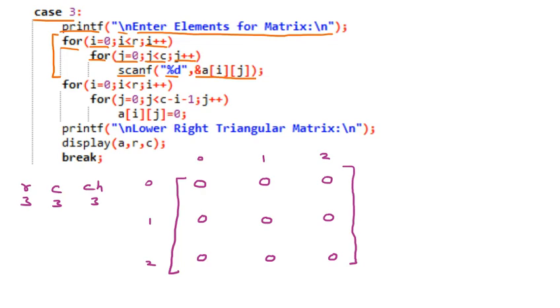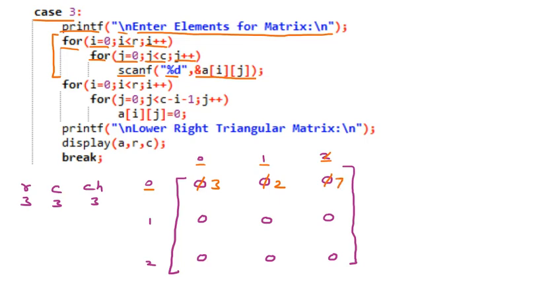By using these two for loops, which we have done many times, from 0 to 3 and from 0 to 3, row wise and column wise we are going to take all the elements. One by one, once the value of i is 0, it will run from 0 replacing the elements. These elements will be entered by the user. Again 0 1, suppose the user has entered 2, then 7.